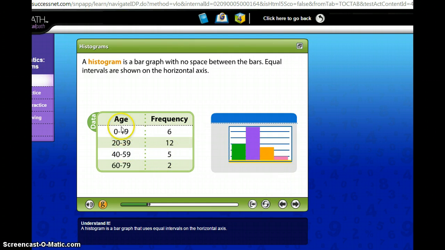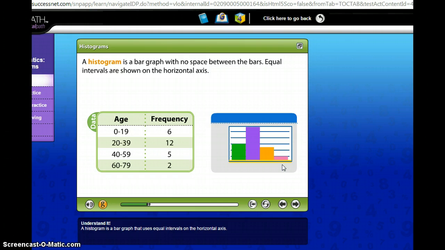And the intervals, which are right here, X, Y, your intervals go on your x-axis, your horizontal axis. So this is going to be the 0 to 19. This is going to be the 20 to 39. This is going to be the 40 to 59. This is going to be the 60 to 79.